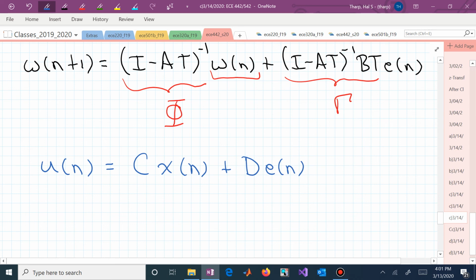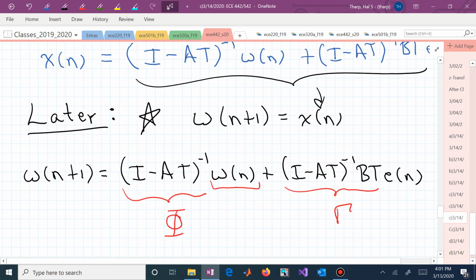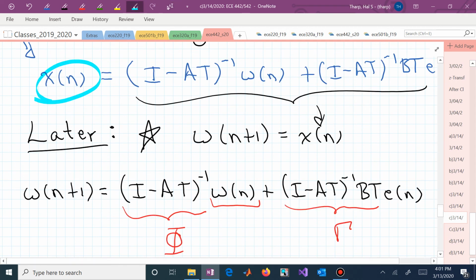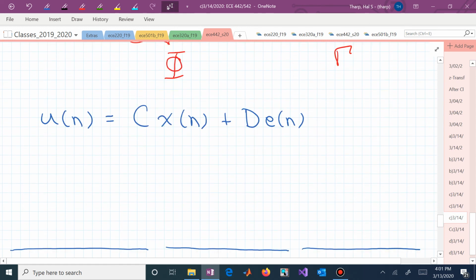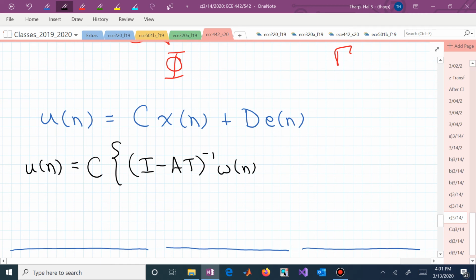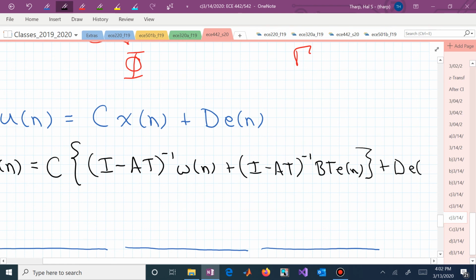But we need it in terms of w of n. And that means that we can use this x of n to get rid of x in this equation for u. Or we can now write down that u of n is equal to C times that x of n expression, which is (I minus AT) inverse w of n, plus (I minus AT) inverse BT e of n, plus D e of n.